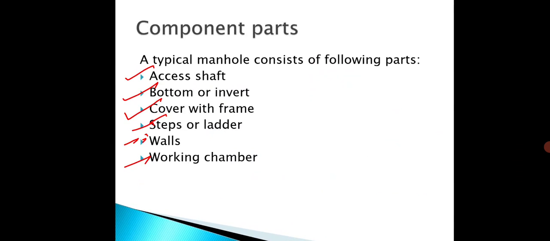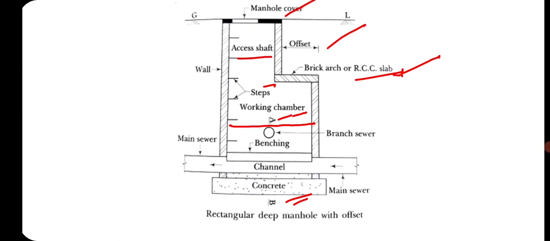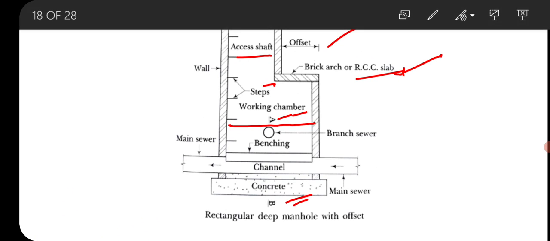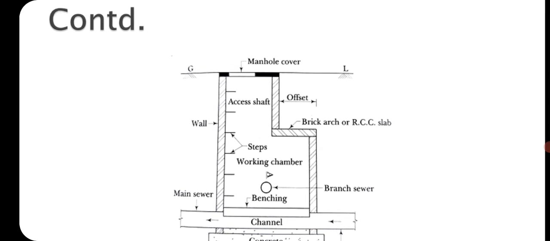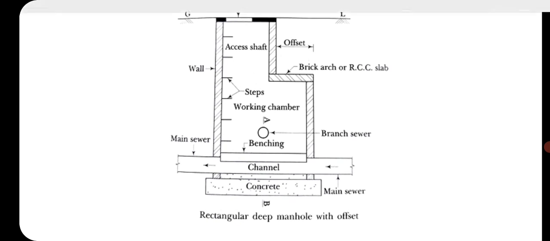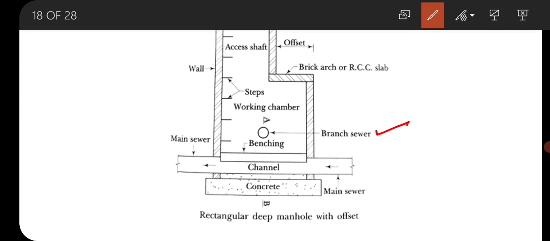See in this diagram also you can see this is the branch sewer. This is the benching. This is the main sewer and this is the bottom concrete portion.